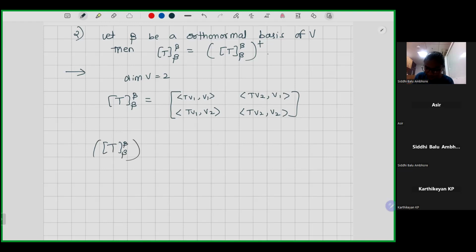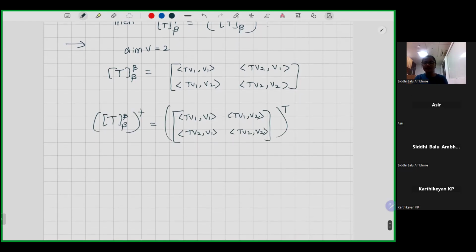The conjugate will be the same thing because we are in the reals, so forget the conjugate, but we have to take the transpose now. So it will be Tv1 comma v1, Tv1 comma v2, Tv2 comma v1, and Tv2 comma v2, right?